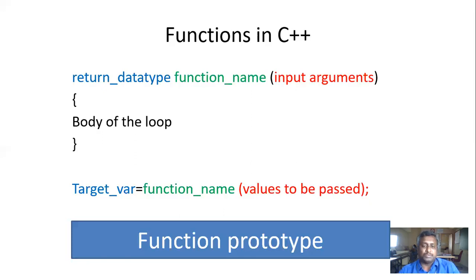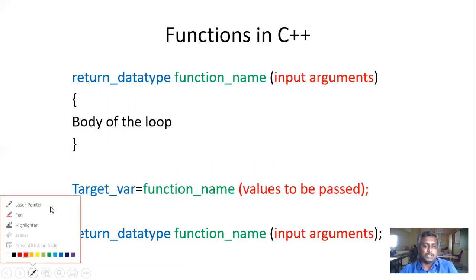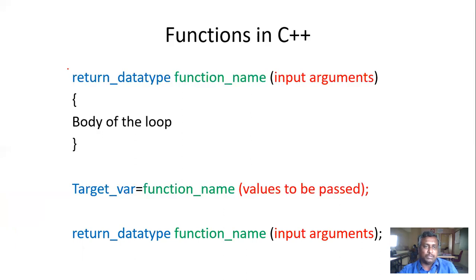Function prototype is nothing but what? You can see that the first line in the function. The first line in the function, you can see that here. You can see that I'm placing a box here.